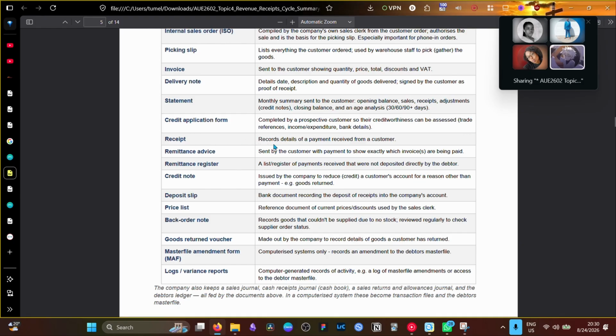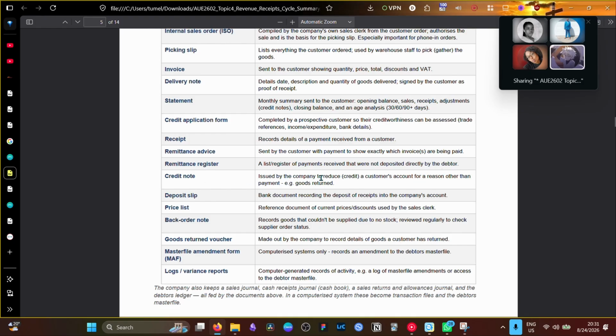Makes sense. Receipts record details of a payment received from a customer. Remittance advice is sent by the customer with payment to show exactly which invoices are being paid. Remittance register, a list of payments received that were not deposited directly by the debtor.